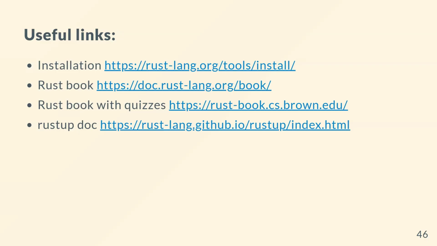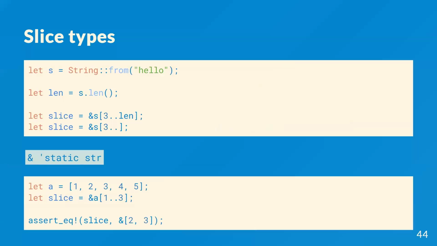So I have one question. In the previous slide, there was an assert, and there were two arguments that were being compared. The last one. So slice is a slice of the array, like a. And what is this right parameter? It's a slice of what?